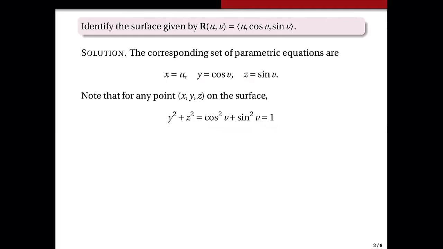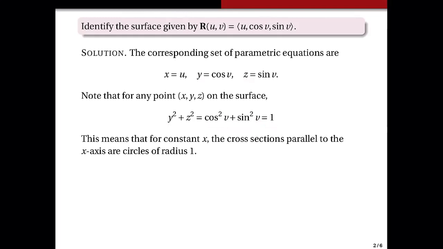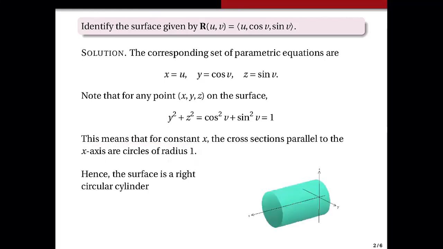So at least on the yz plane, it should look like a circle, and then on the x it means that it can be any u. This means that for a constant x, the cross sections parallel to the x-axis are circles of radius 1. Therefore, if we try to sketch it, we will have this right circular cylinder.